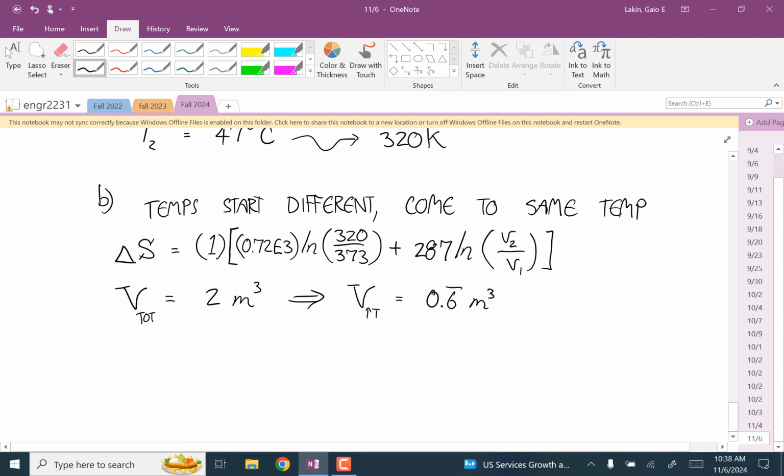And there is 1 kilogram of this. So let me change this notation again, sorry about all this. The extensive V2 is this, which says that the intensive V2 is this because there's 1 kilogram of material. So this is for the one that's initially 100 degrees Celsius.